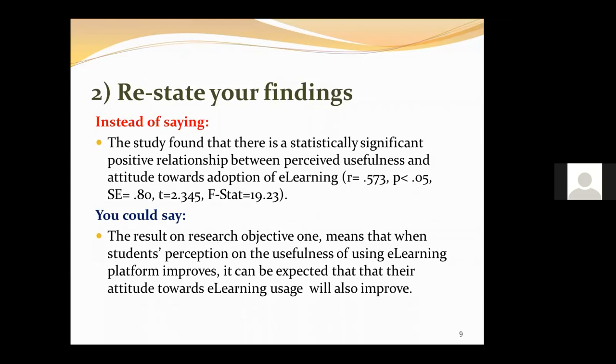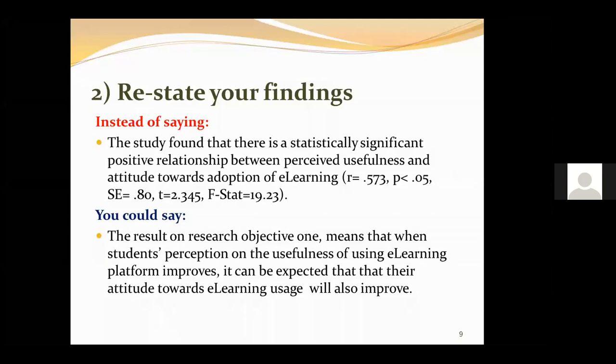Okay? For instance, instead of saying the study found that there is a statistically significant positive relationship between perceived usefulness and attitudes towards adoption of e-learning, and then you put all those statistics that you know of.